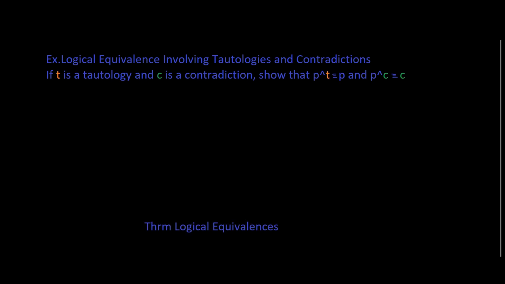Here's our example. It says logical equivalence involving tautologies and contradictions. And so this is similar to our first example, except a little different. It says if T is a tautology and C is a contradiction, show that P and T is logically equivalent to P, and P and C is logically equivalent to C. And so let's make a truth table for it.